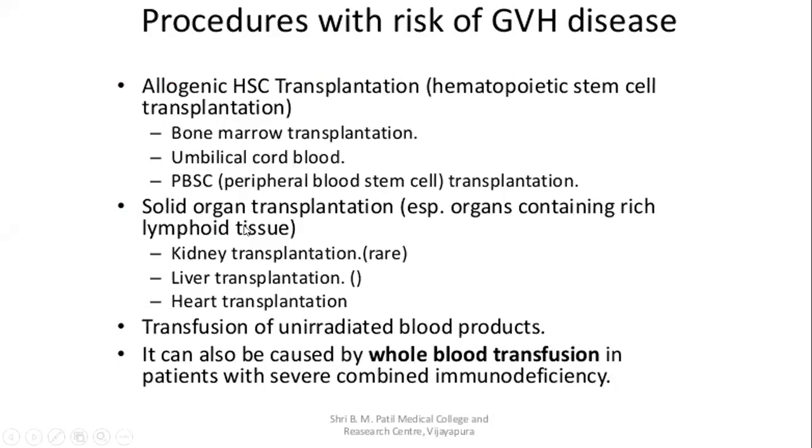In some other cases, it occurs with solid organ transplantation, in organs containing rich lymphoid tissue. Please highlight this point: you are bringing a live tissue that has rich lymphoid tissue along with it, so it brings highly immunocompetent immune cells along with it. Examples are liver transplantation, heart transplantation, and rarely kidney transplantation.